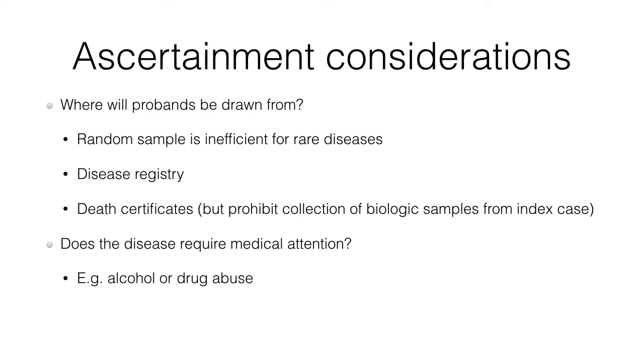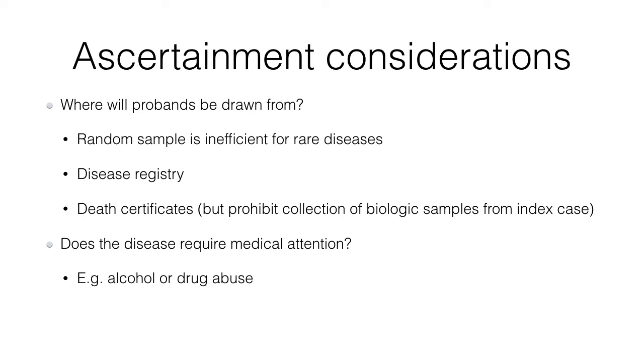We will consider where the probands will be drawn from, whether from random samples, from a disease registry, or from any other databases. And we also need to know whether the disease requires medical attention. These are some considerations when we start to do this study.